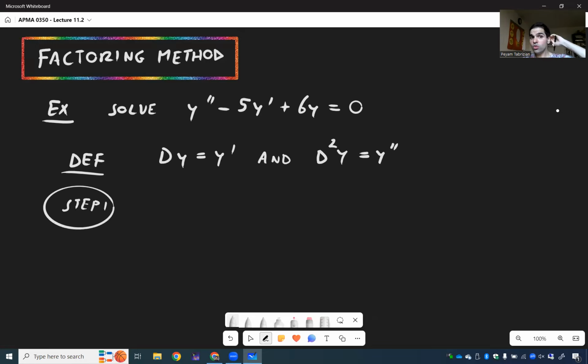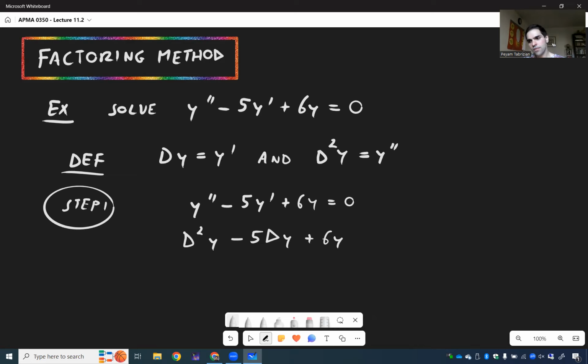And the main thing to notice is that you can actually write the ODE in terms of d, because y double prime minus 5y prime plus 6y equals 0 is the same thing as d squared y minus 5dy plus 6y equals 0.